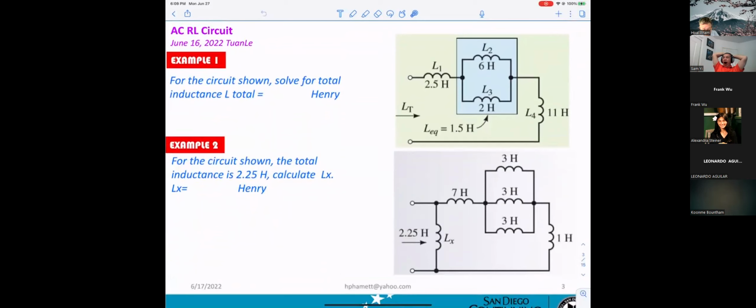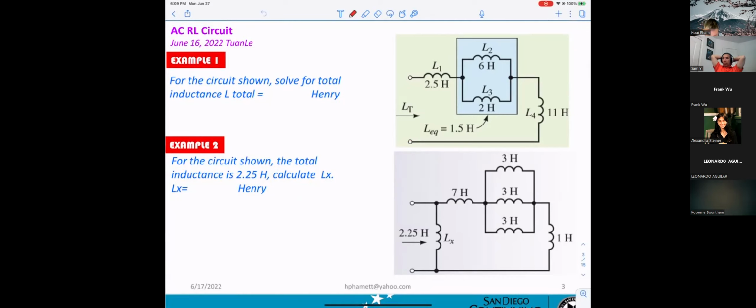Now they give you a circuit here. They want to know the total, measured from here to here. Who got the answer, tell me, so I can put it up here. 15 Henrys.